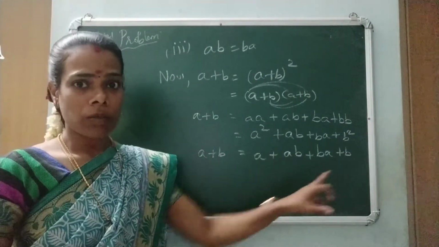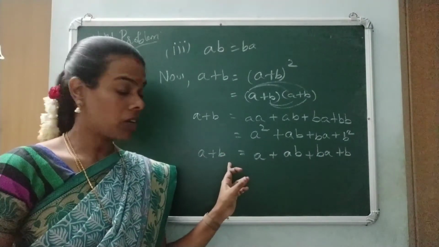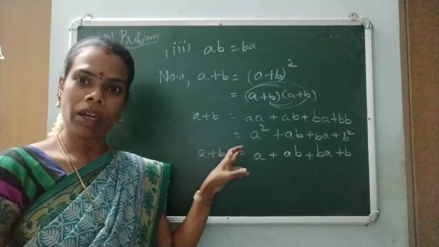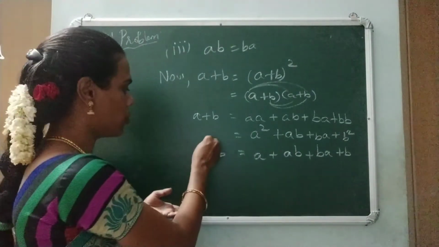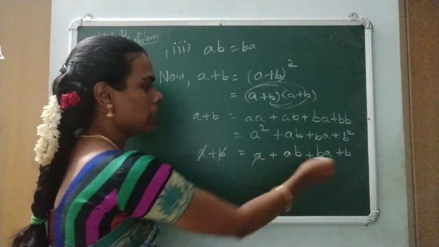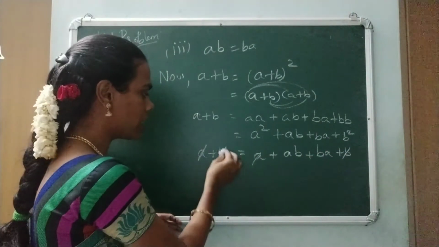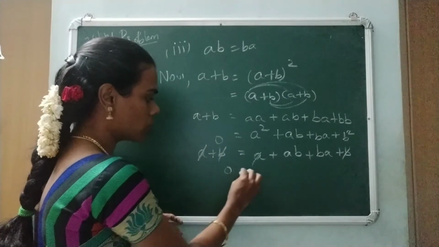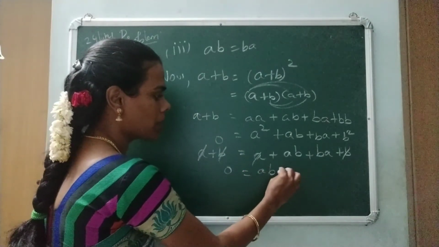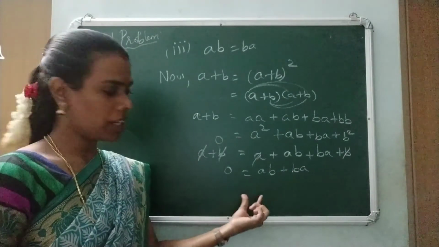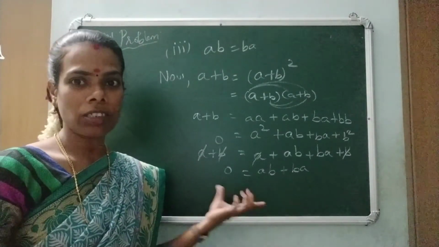This B, when you bring it to the left side, plus B changes into minus B. So this B and minus B also cancel out. Therefore, the left side will become 0. So 0 equal to AB plus BA. So see here, I am getting AB plus BA equal to 0.